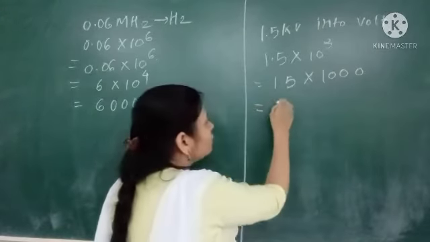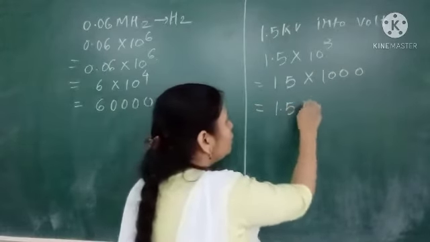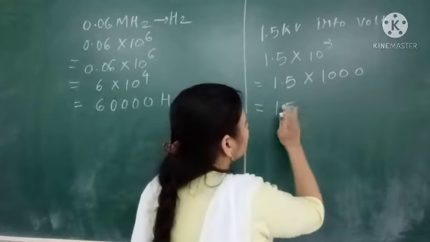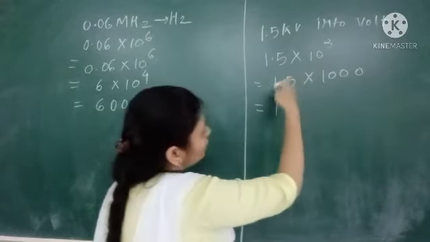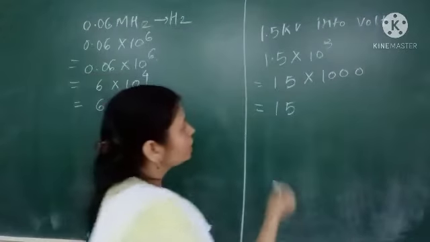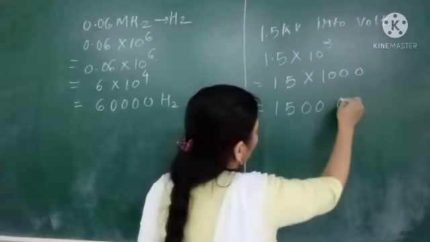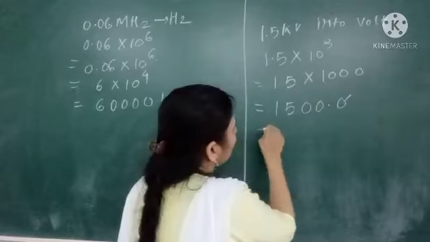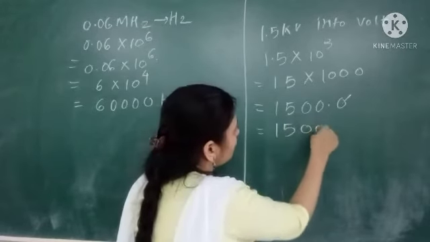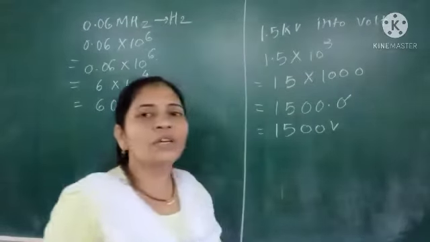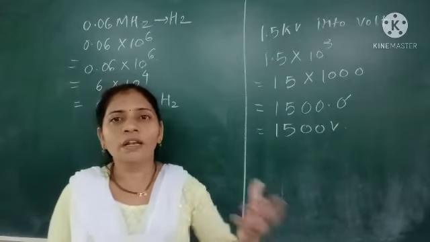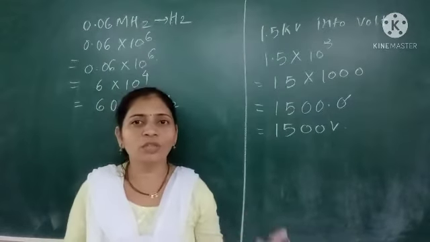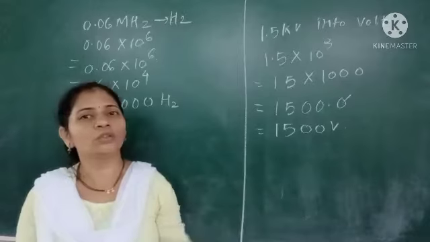So what we get? We get 1.5 into 1000, so we got 1500 volt. So in this way we can convert a larger unit to the smaller unit, and the smaller unit to the larger unit.